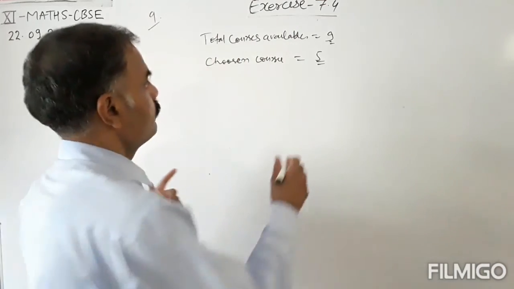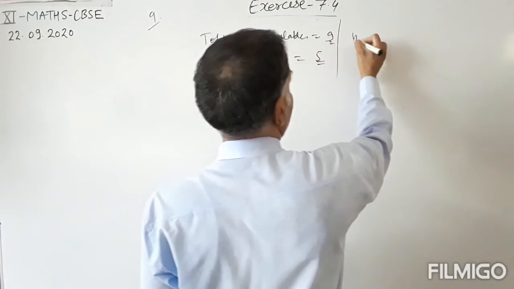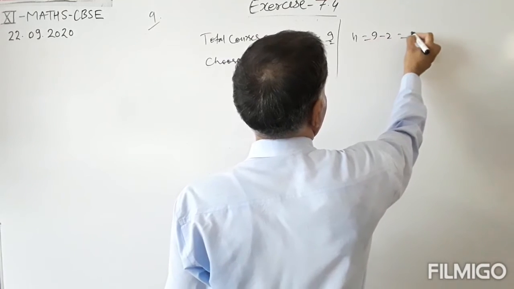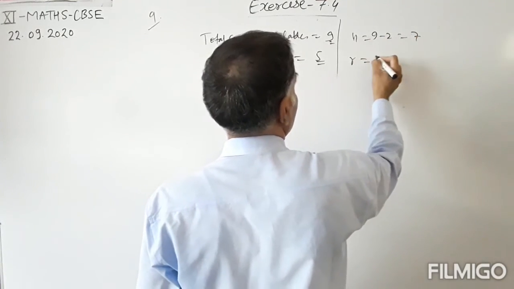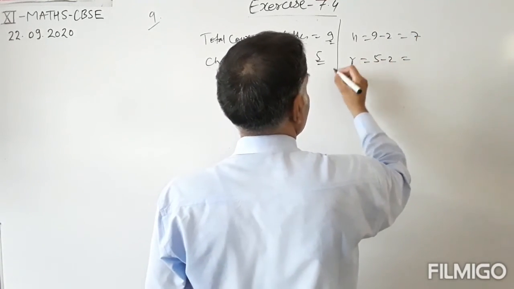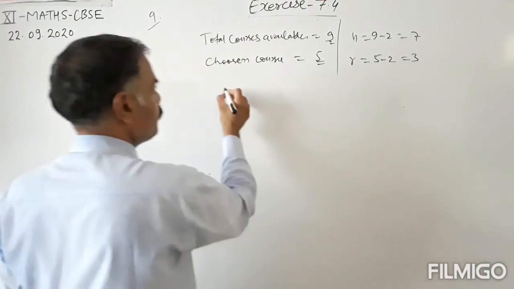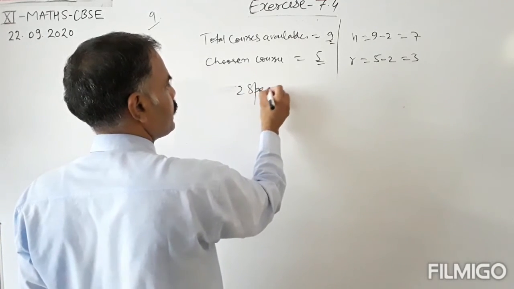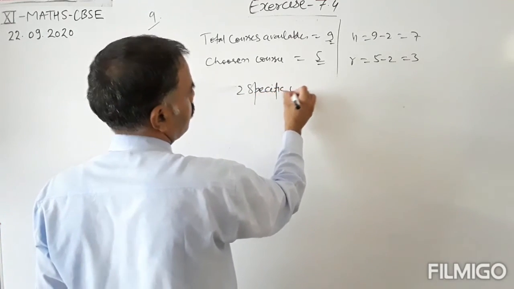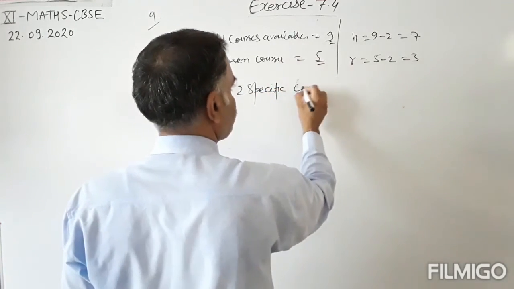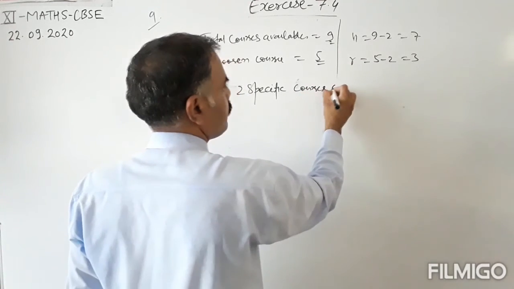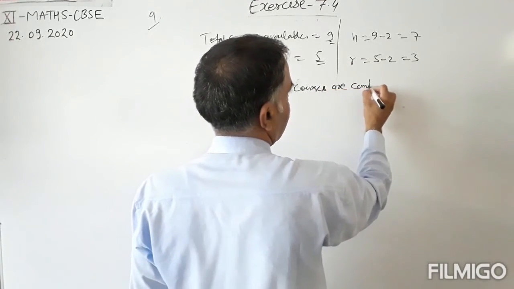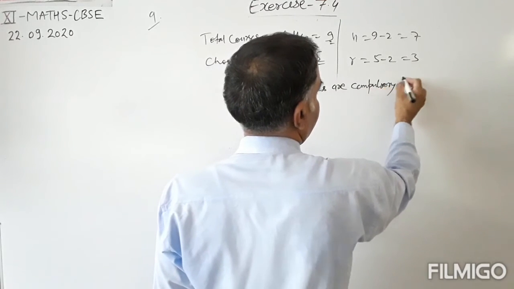Okay, so we will have n equals to 9 minus 2, that is 7, and r equals to 5 minus 2, equals to 3. So 2 specific courses are compulsory for every student.